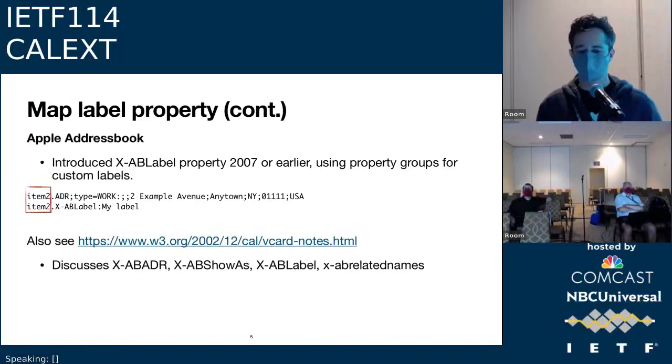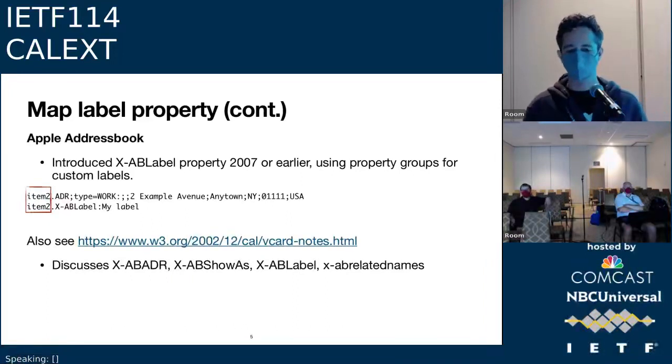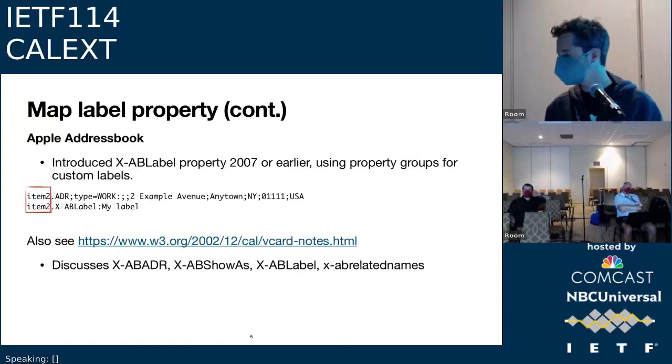And independently of that, would we want something like what Apple is doing in Apple address books with these XAB labels, would we want to have something similar to map in JS contact or not? And if there is no opinion on that in the room today, then we will continue working on this, both Mario and me, and we'll come up with a proposal.